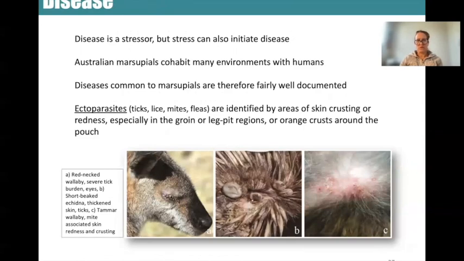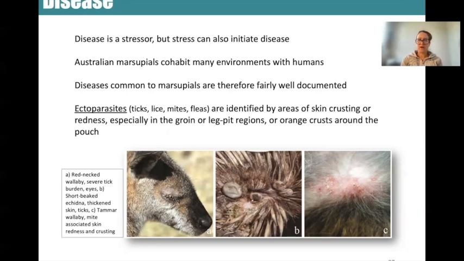Okay, so moving now on to disease. Disease is a stressor, but stress can also initiate disease. Marsupials cohabit many environments with humans, and therefore diseases common to marsupials are fairly well documented, because the interest has lain in how these diseases might influence ourselves.